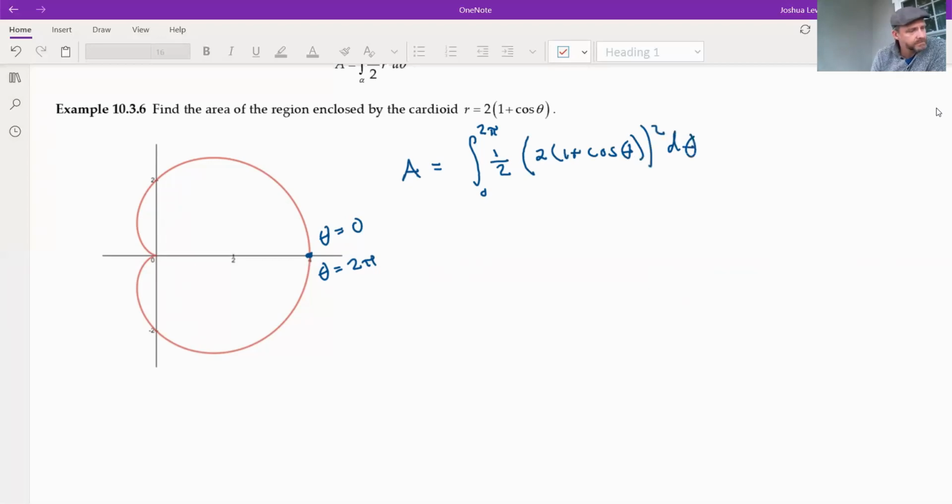d theta, okay? And so if we clean this up a little bit, we're going to have a 1/2 times a 4, which is 2, so I'll bring that on out.